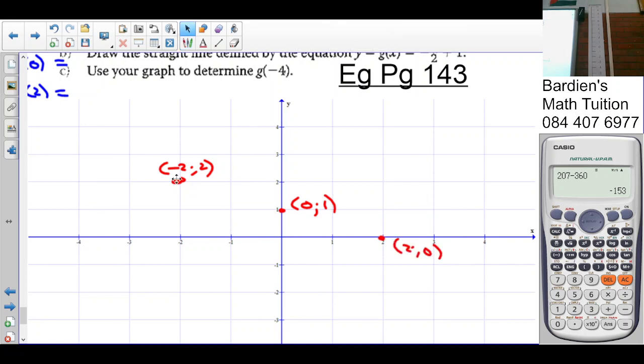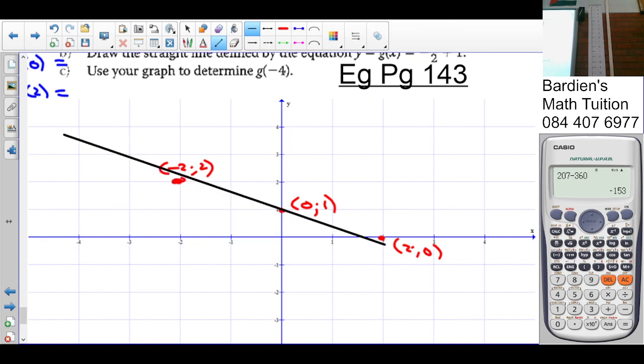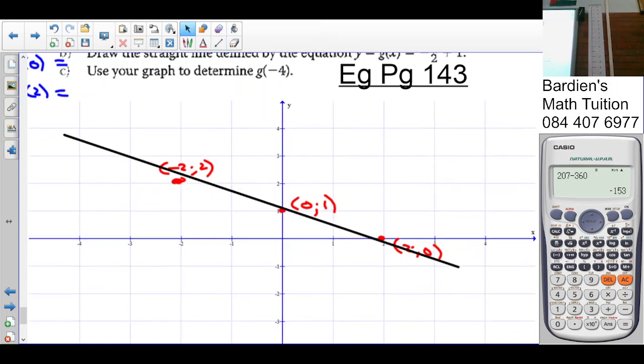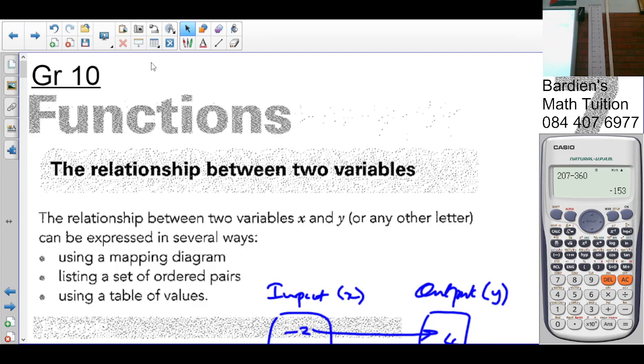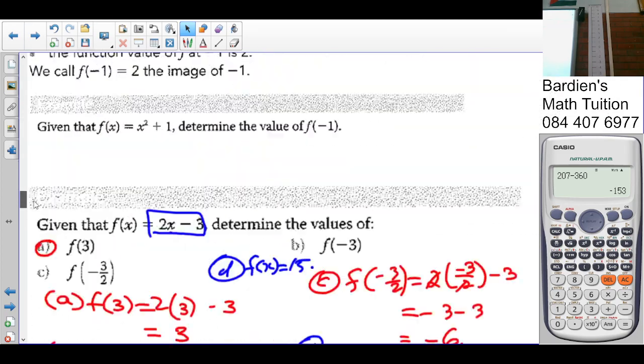So we take our line, draw a line through there.